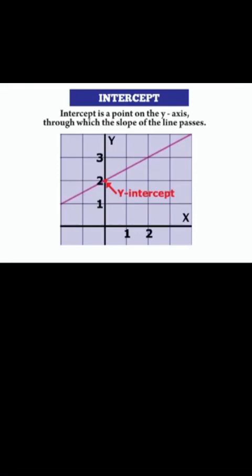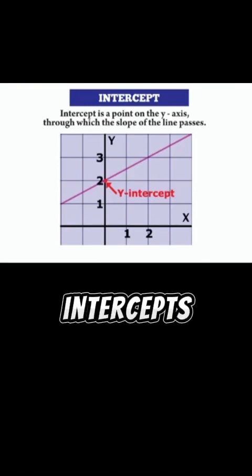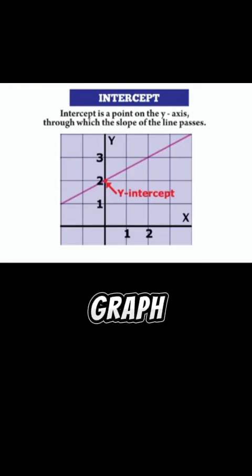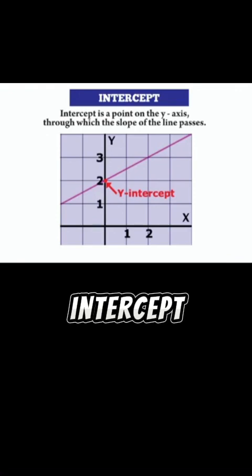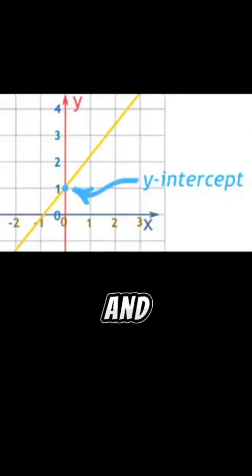You can see the diagram shown above, that's exactly where the intercept is. From the graph above, you can see that our intercept is exactly 2, and on this other graph as well, which also explains what an intercept is. On this graph, the intercept is found at the point 1.